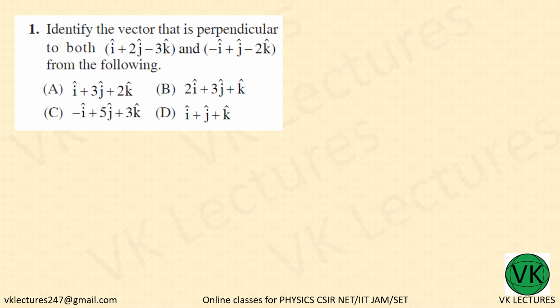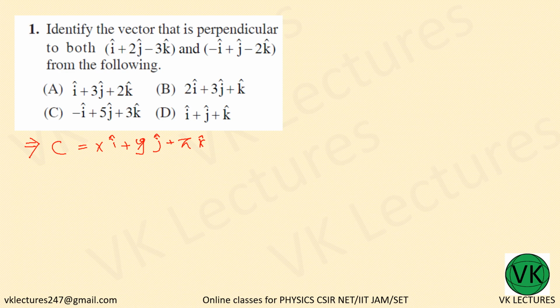Here the same question we can discuss in another way. The previous method that we used was the trial and error method. Now there is a direct method where we can simply write the vector C is equal to xi + yj + zk. This is any arbitrary vector. Then we have two vectors.